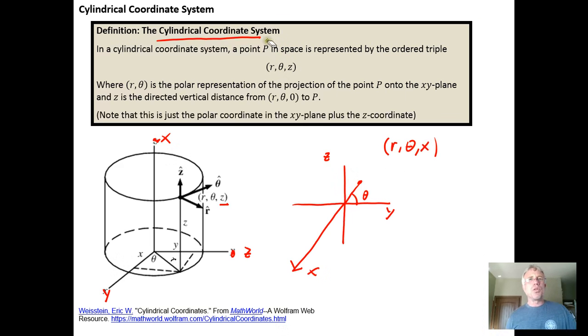So when you define the cylindrical coordinate system, you typically define it in terms of r, theta, and z. But what we want to understand is that this could be r, theta, and y, or r, theta, and x, depending on whether the cylinder is extruding with respect to the xy, the yz, or the xz planes.